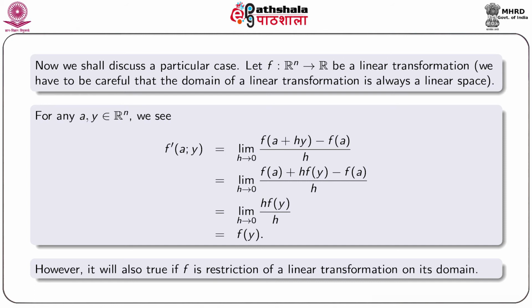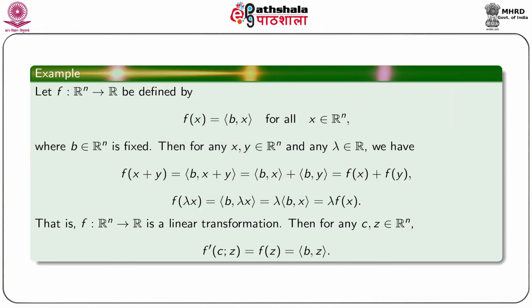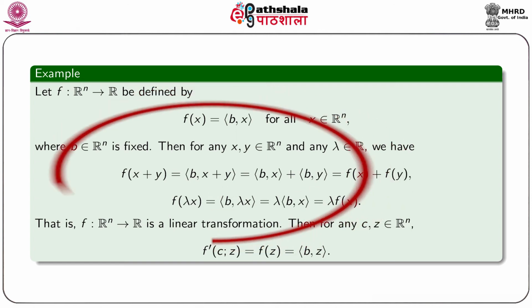The above result is also true if f is the restriction of a linear transformation on its domain. We cite an example where we can use this result. Let f be a scalar field defined on R^n by f(x) equal to inner product (b, x) for each x in R^n, where b is a fixed vector in R^n. We now select any x, y in R^n and any real number lambda.